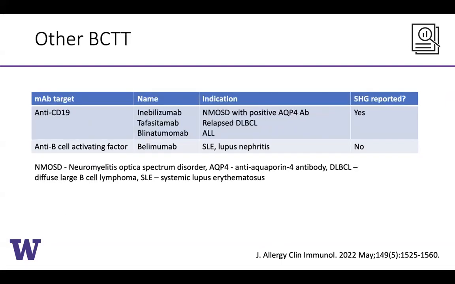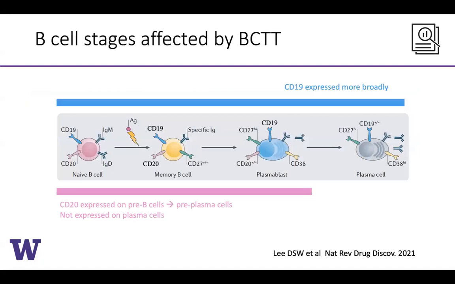In terms of other B-cell targeting therapies, the ones we probably don't see very often are anti-CD19. Again, those are for conditions in neurology, lymphoma, and ALL. They have also been associated with secondary hypogammaglobulinemia. Anti-B-cell activating factor, used for some rheumatological conditions, has so far not been associated with that.